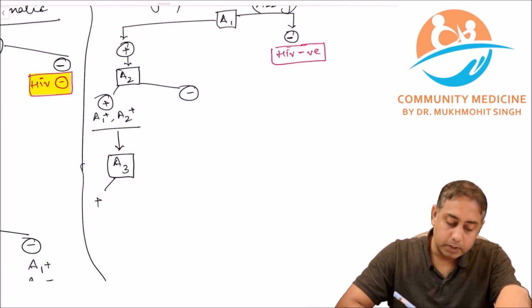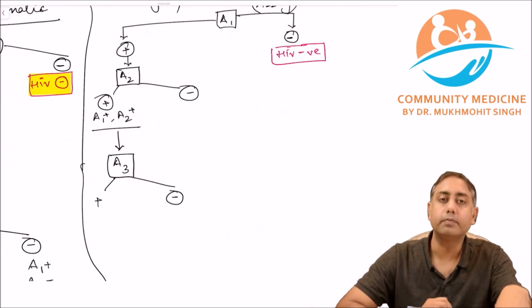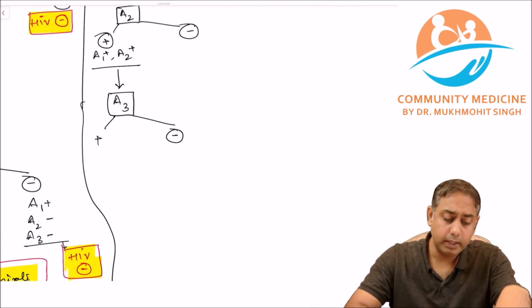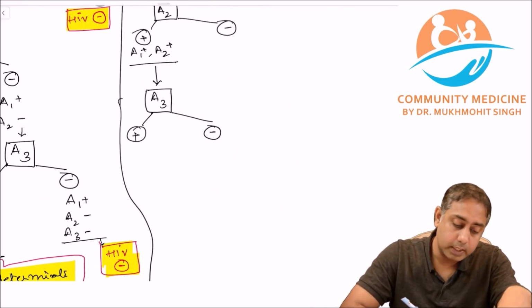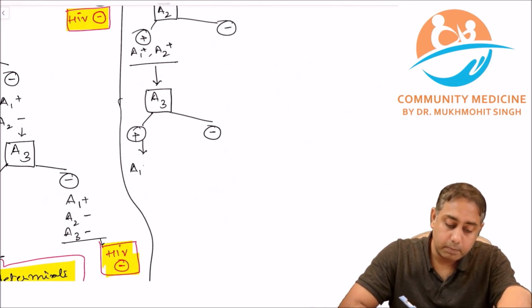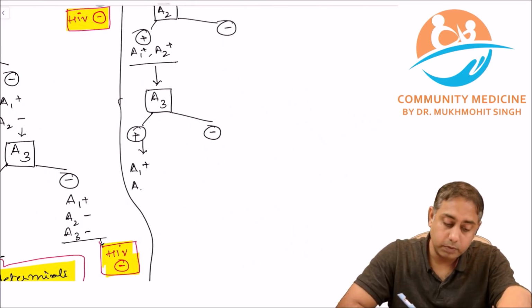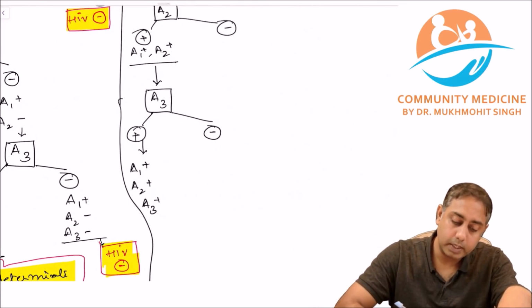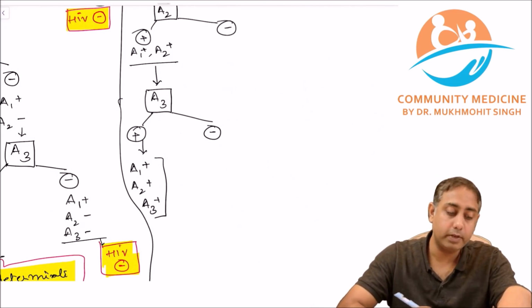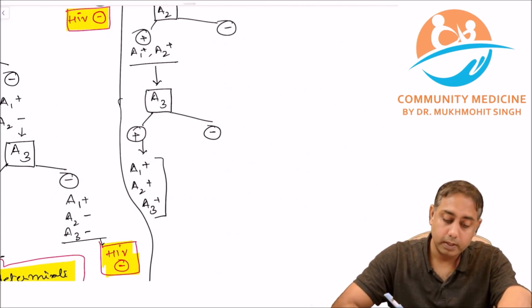A3 could be positive or negative. If A3 is positive, this is A1 positive, A2 positive, A3 also positive.